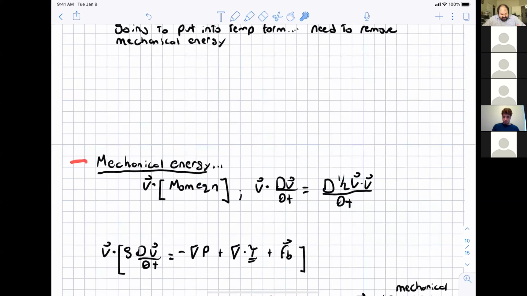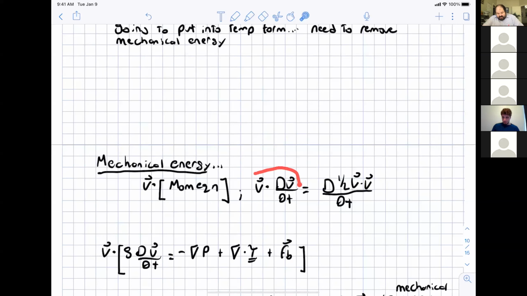But there is a mechanical energy equation that you can derive, and you derive it by simply taking the velocity vector and dotting it with the entire momentum equation. That's actually a very straightforward operation.